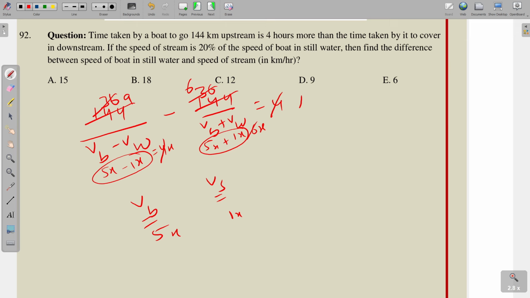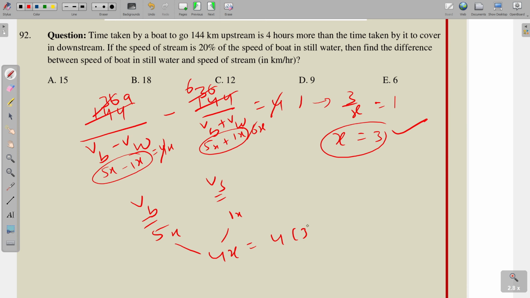So 9 by x minus 6 by x is equal to 1, which means 3 by x is equal to 1, since 9 minus 6 is 3. Therefore, x is equal to 3. So what is the difference between these two? 4x, that is 4 into 3, the answer is 12.